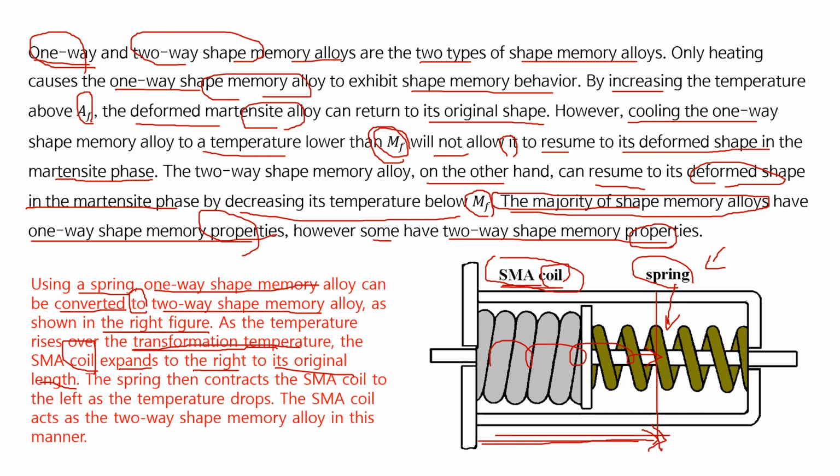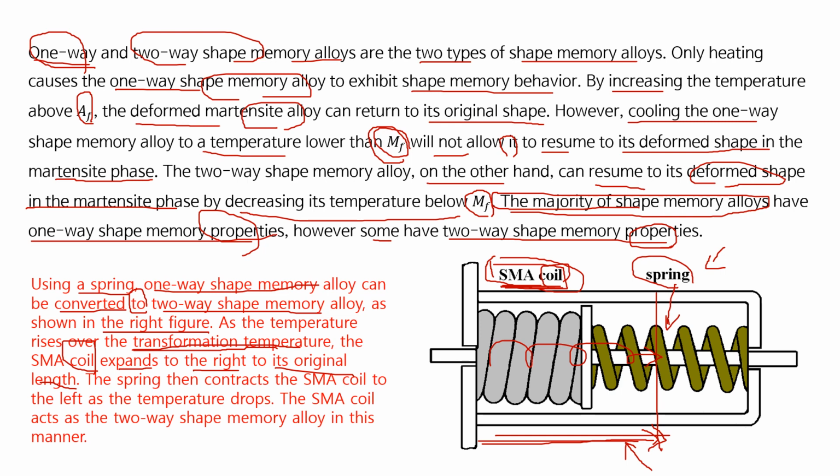Then, if we lower the temperature below the martensite finish temperature, this shape memory alloy will not go back to the deformed state, because that is a one-way shape memory alloy.